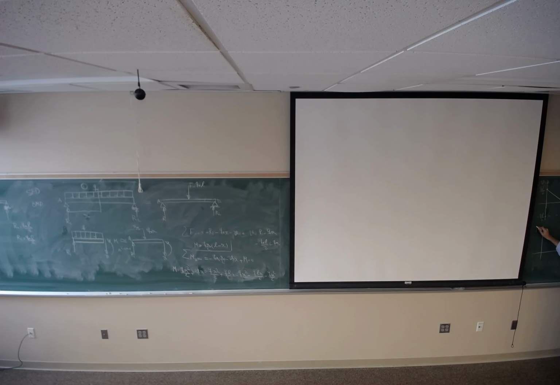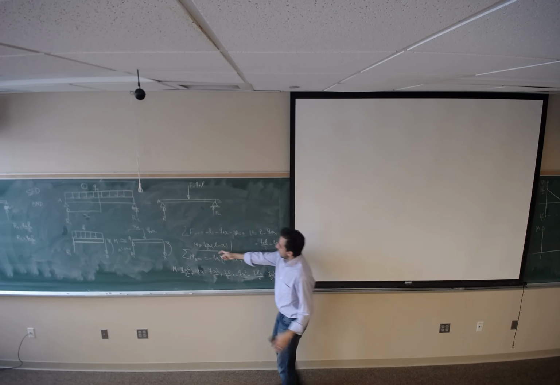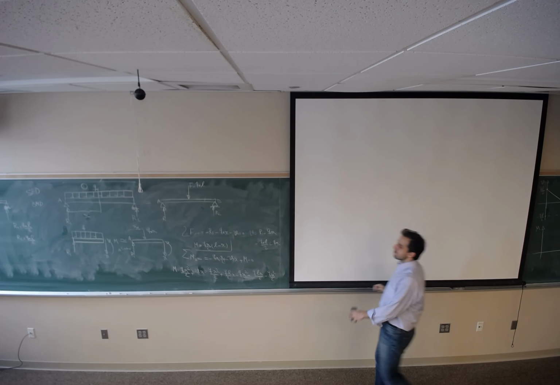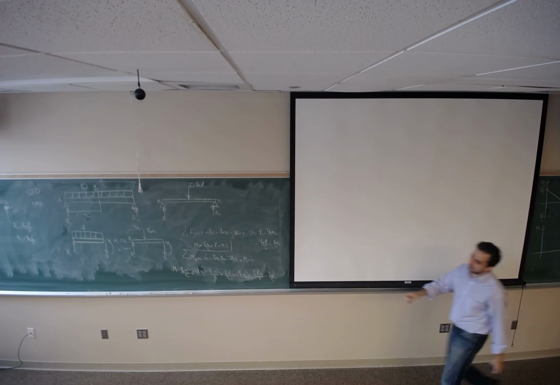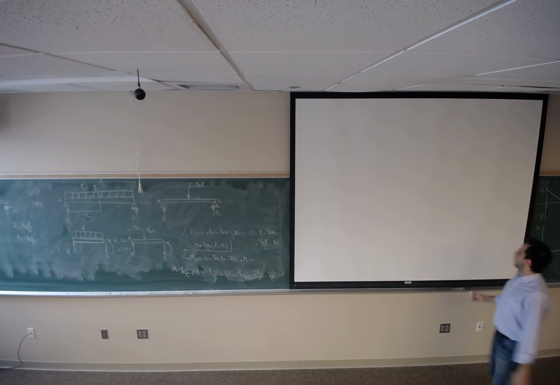Now let me draw a bending moment diagram. If you look at this, it's a quadratic equation. At x equals 0, M should be equal to 0 because point A cannot support any moment. If you plug in x equals 0, q times 0 is going to be 0.